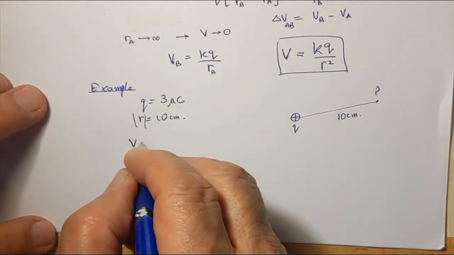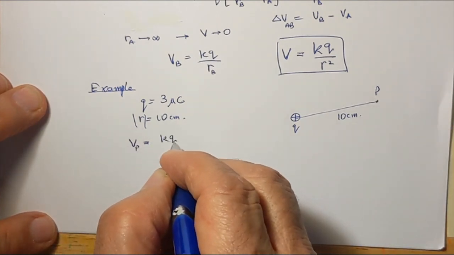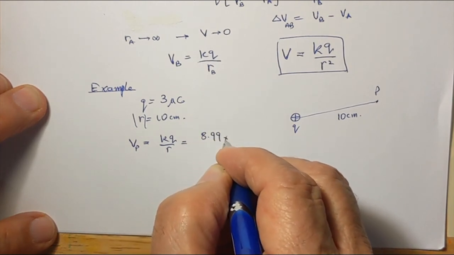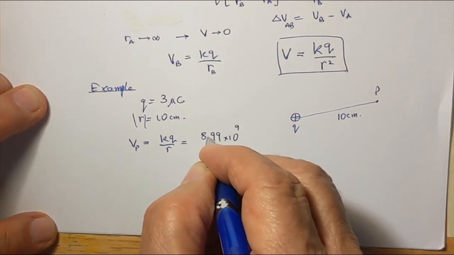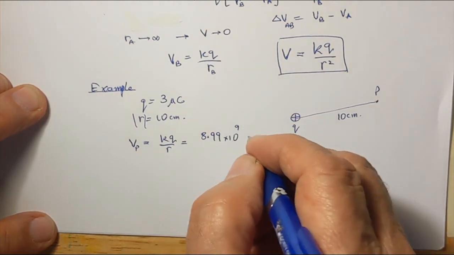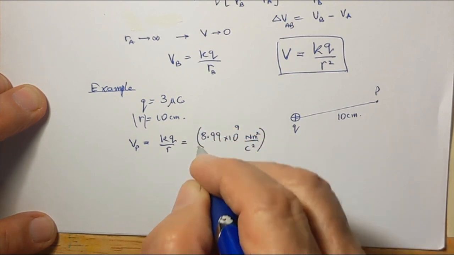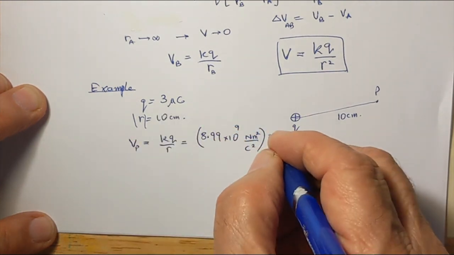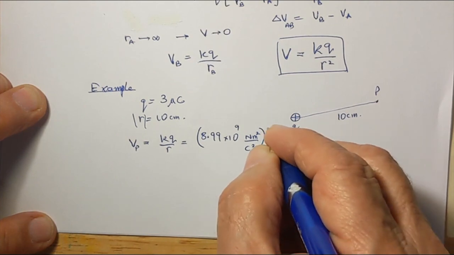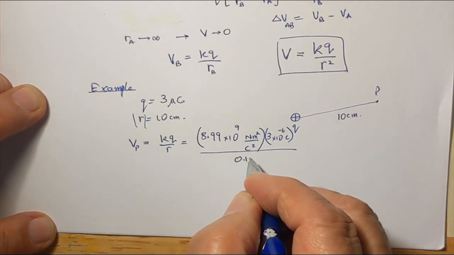Then the potential at P is going to be kq over R. That's going to be 8.99 times 10 to the power 9, and the units would be Newton meter square per coulomb square, and the charge is 3 microcoulombs, so it's 3 times 10 to the power minus 6 coulombs, divided by R, which is 10 centimeters, so it's 0.1 meter.